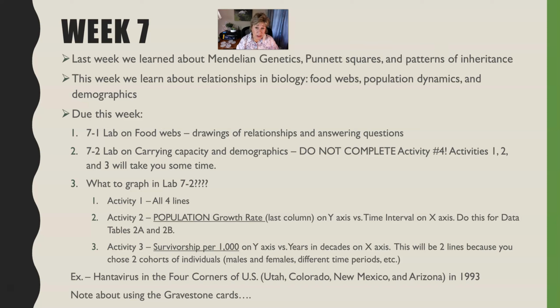I want to mention how studying food webs and ecosystems is even important to us as human beings by giving you an example from 1993. So in 1993, there were a number of people in the Four Corners area of the United States, and that includes Utah, Colorado, New Mexico, and Arizona, and this is where all these states come together in that one spot.